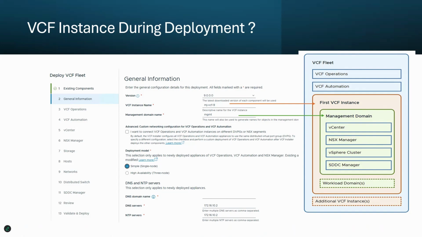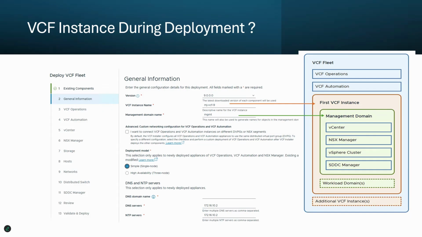In the screenshot, we are inside the VCF deployment wizard, and we are going to define our first VCF instance. Go to the general information page of the wizard and provide the VCF instance name for this deployment. In this example, we are naming it mg-vcf-9.